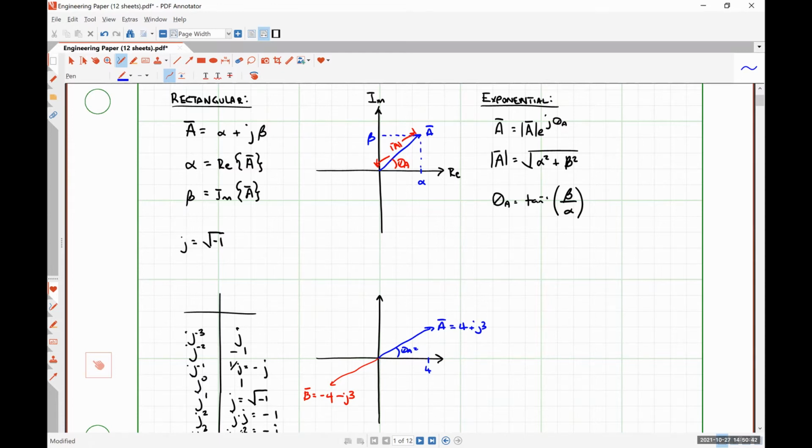Don't do this by hand. I don't even know how you would do this by hand if I'm being entirely honest. 36.87 degrees. Okay, now please tell me what the angle theta B is. Understanding here that theta B should be this angle.